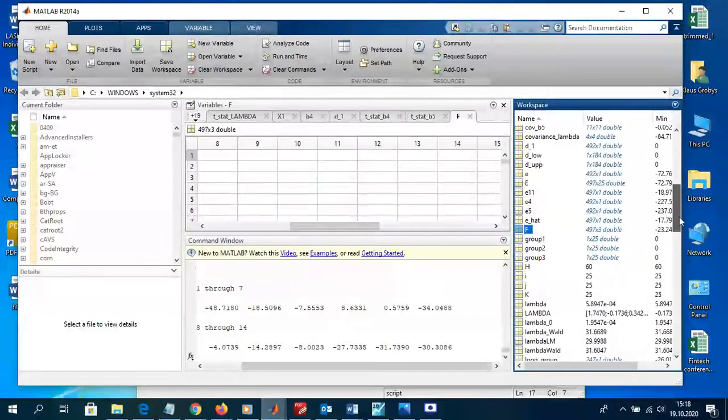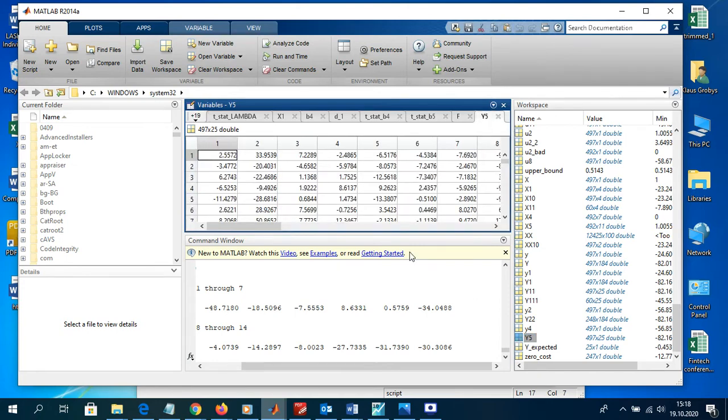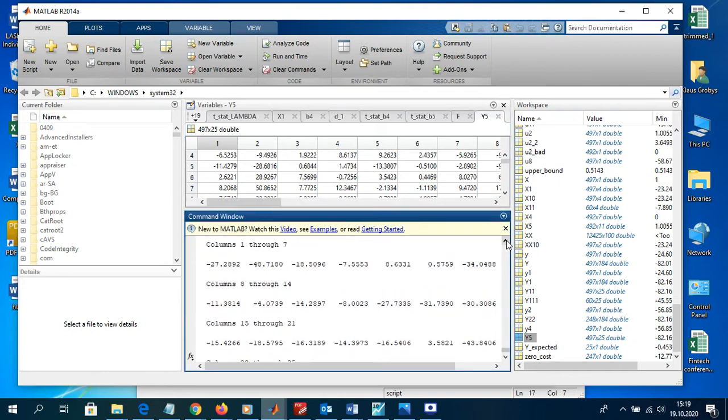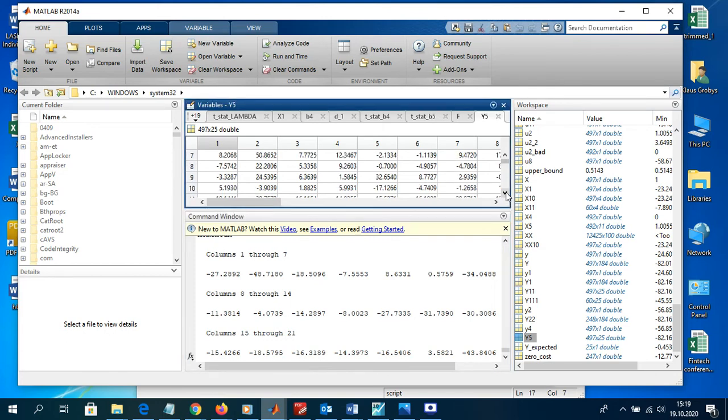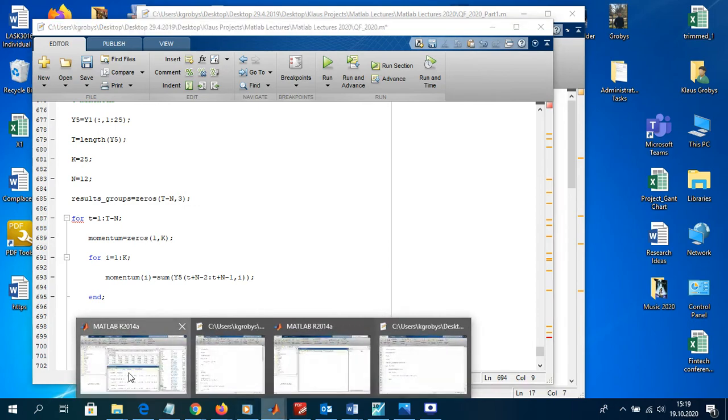If we now go back to our capital Y5, let us see. So what we want to have, let's see one more time. There might be a bug here in this code.